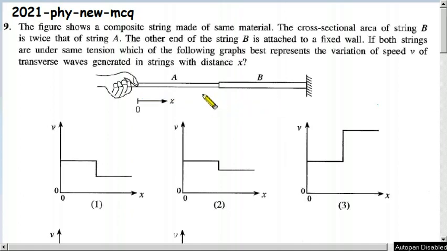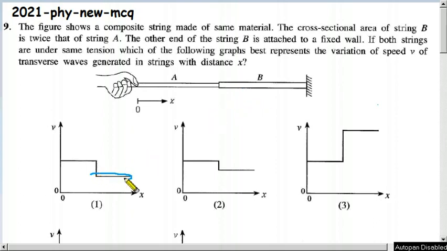So the wave speed must be constant up to this place. When the wave enters this new medium, because the cross-sectional area is different, what happens to the speed?